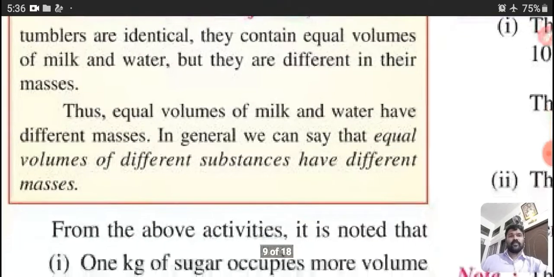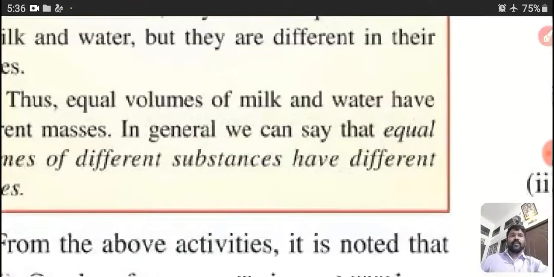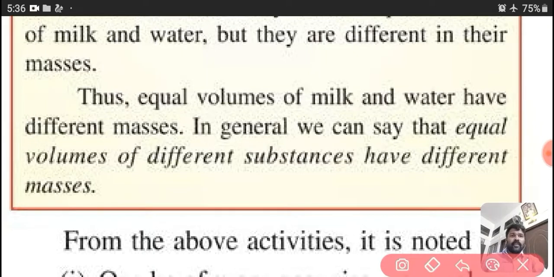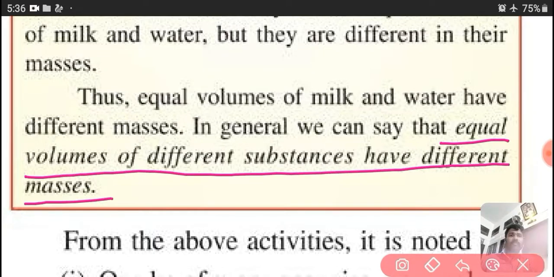Thus, we can conclude that equal volumes of milk and water have different masses. In general, we can say that equal volumes of different substances have different masses.